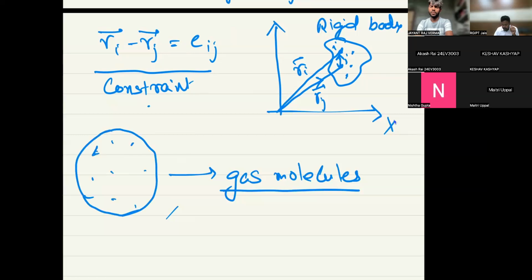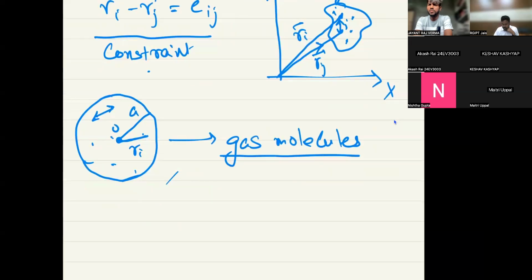Now the distance between these gas molecules is not fixed, as I told you. But if you measure the distance of these gas molecules from the center, let's say the origin, this distance will always be less than the radius of the sphere. Let's say the radius of the sphere is a, then the distance of the ith gas molecule, Ri, will always be less than or equal to a.